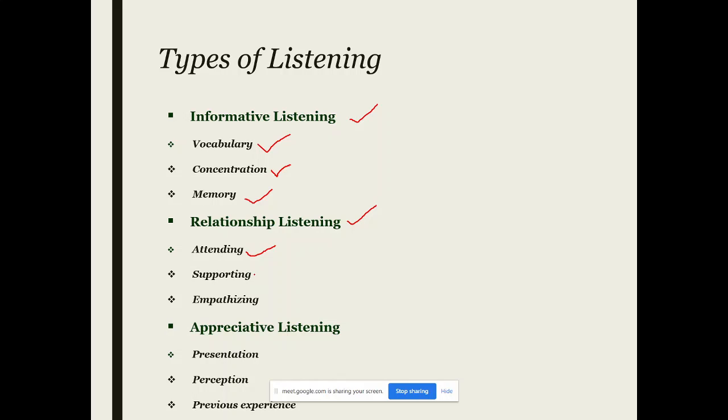Once you attend to that particular person and he or she feels friendly and feels like sharing something, the second skill comes, which is supporting. We should be able to show some kind of support to him or her. And most importantly, there is something known in personality development and in language skills in general, that is empathizing.